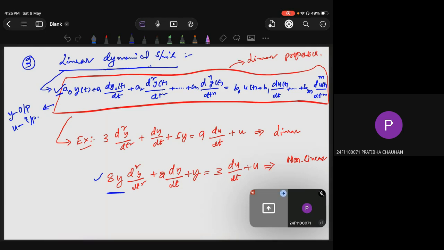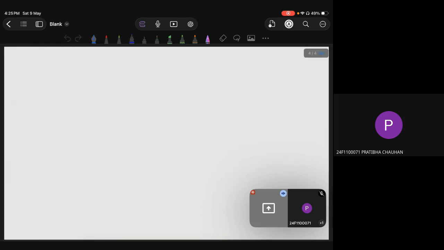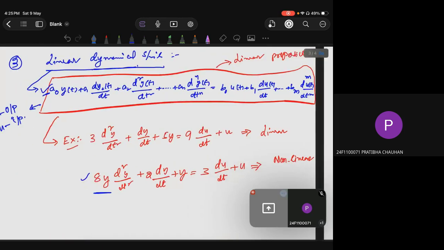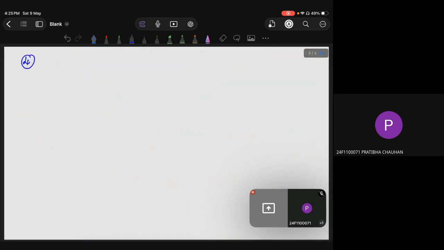So we apply the famous transform technique called Laplace transforms. So basically, how do we define the Laplace transform?